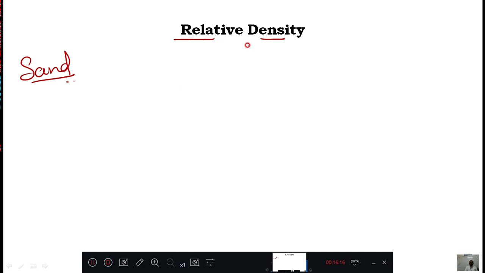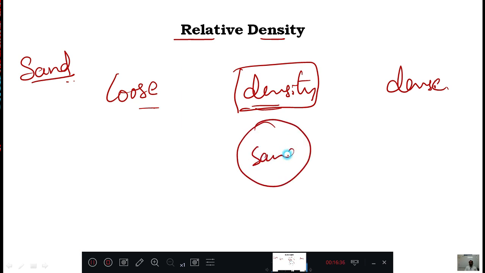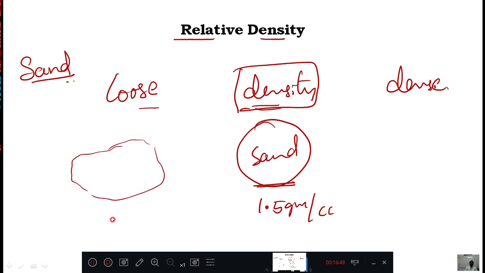It means we are comparing the density of the sand with its own loose density and with its own dense density. Suppose this is a sand and its density is 1.5 gram per cc. Think like this. When I put this sand in a very loose state, what might its density be? It might be 1.2 because it is very loose.